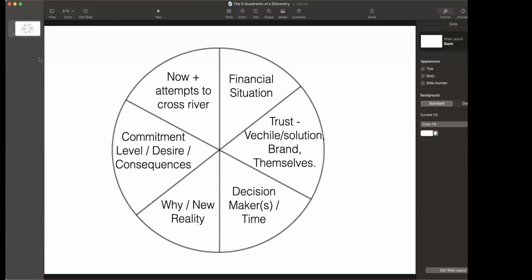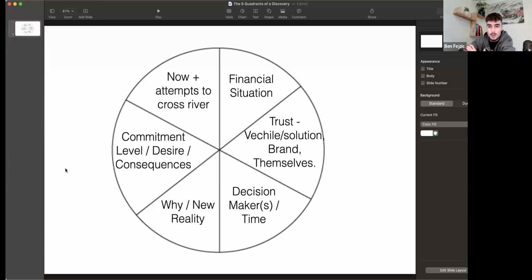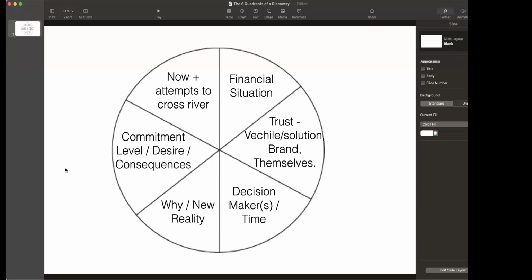Anybody else? Thoughts? Yeah, I've got a question. Let's say you're not 100% on one of these, but you kind of want to dig into the next quadrant because you want to see if there's something there that I can leverage to make up for that not being 100% on the other thing. You could absolutely do that, because you've got a little bullet point, a little mark on your paper that you're going to come back to.